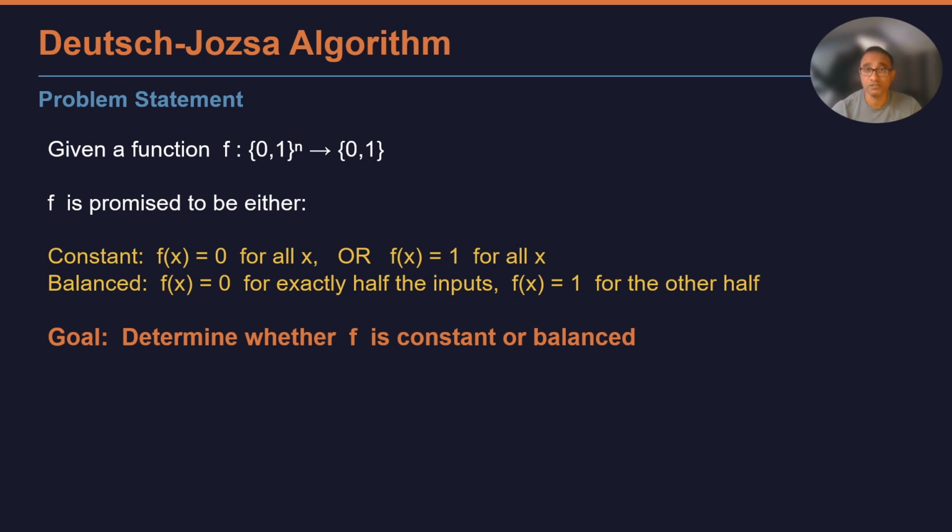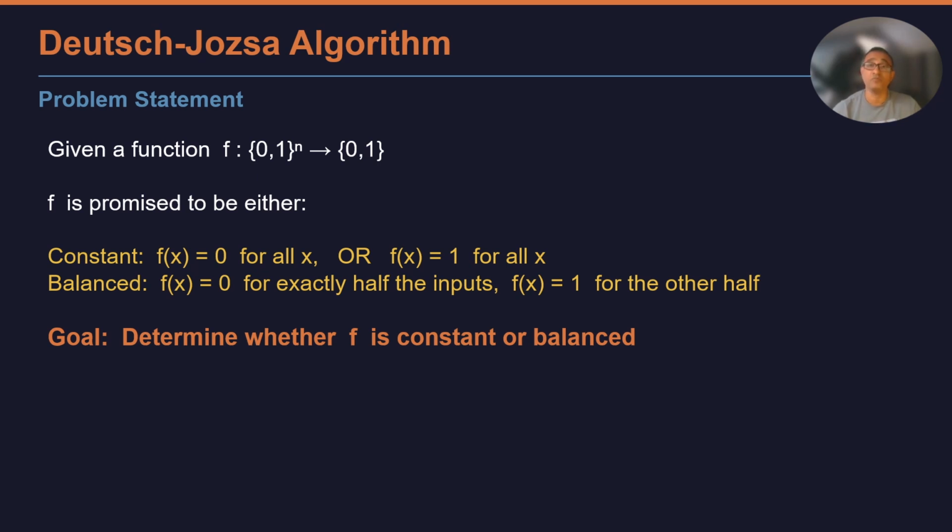Otherwise, if the function changes its value from input to output, it's called balanced. Now, the goal is how would you determine whether the function f that has been provided to you is a constant or a balanced function. For that, you have to logically perform steps which in turn help you get the value of the function.